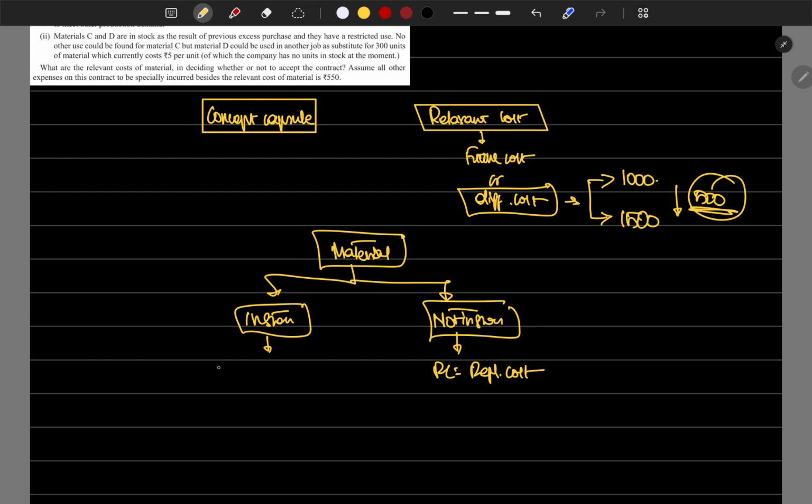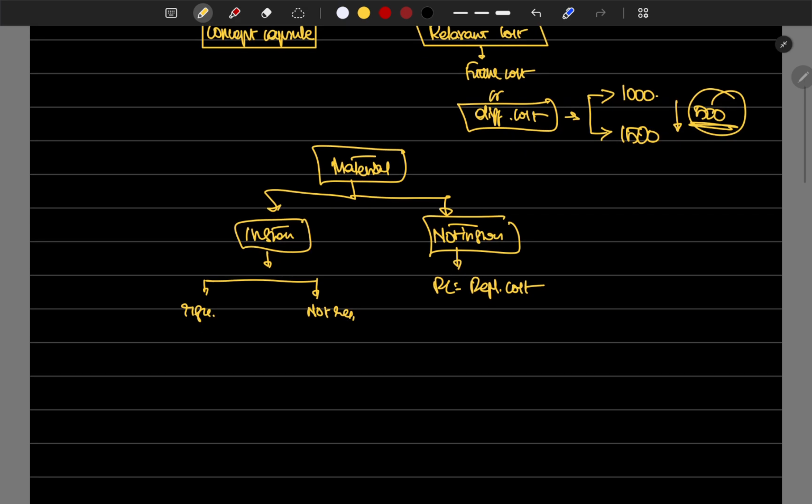If it is in stock, we have to check whether it is regularly used or not regularly used. If it is regularly used, relevant cost is equal to replacement cost. Simple.